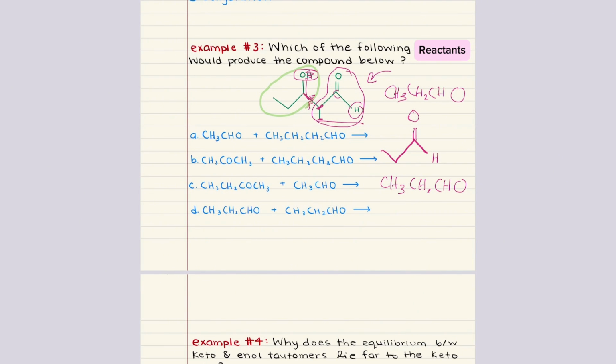Both of our reactants, the first and second, are exactly the same. They are propanal. So both fragments come from the same aldehyde, and that suggests a mixed aldol condensation where one molecule of propanal forms an enolate and then it attacks the carbonyl of another. The correct answer here is going to be D.